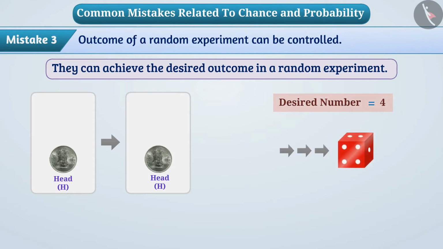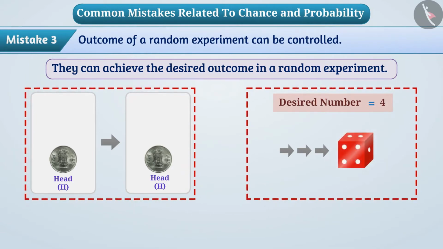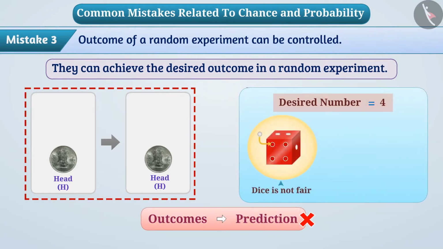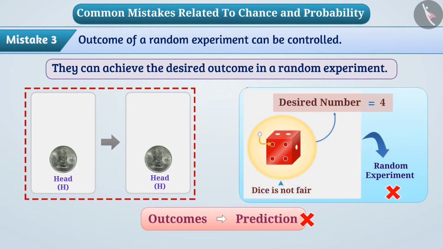Remember, in the context of fair dice, the result cannot be controlled. So, the outcome cannot be predicted precisely. Also remember that if the dice is not fair, then the desired outcome can be obtained. But in such case, we cannot call the experiment a random experiment.